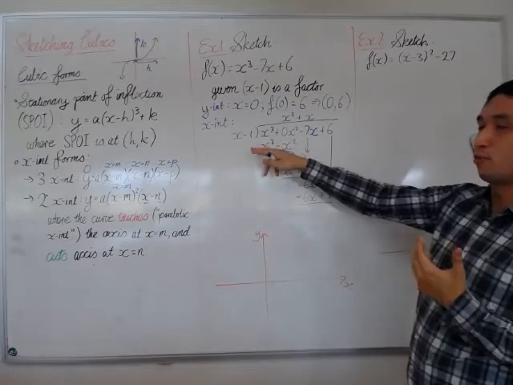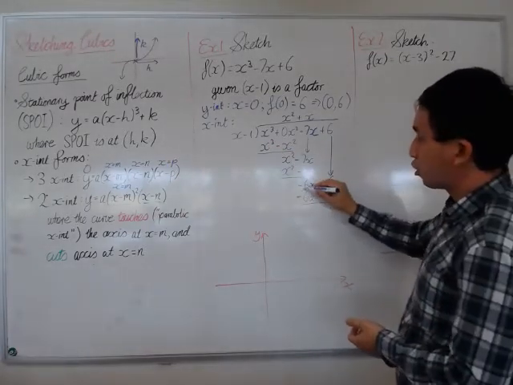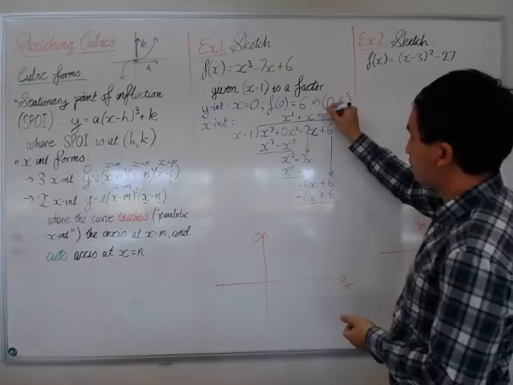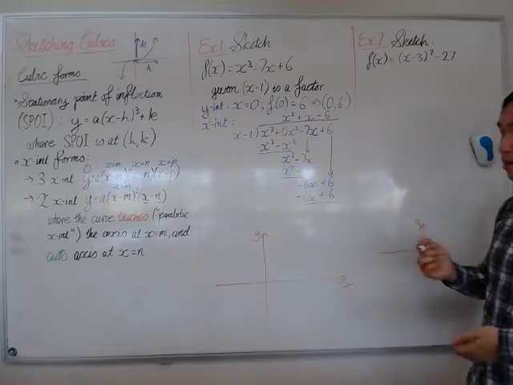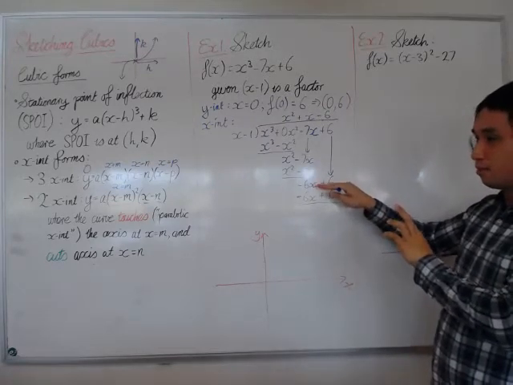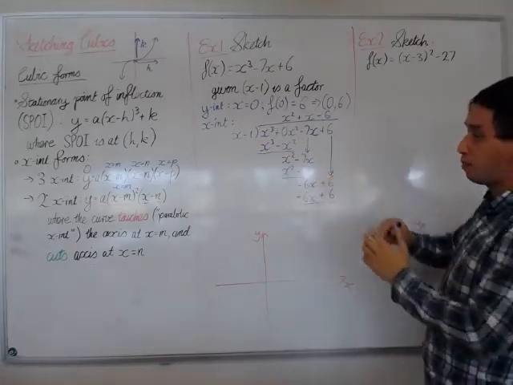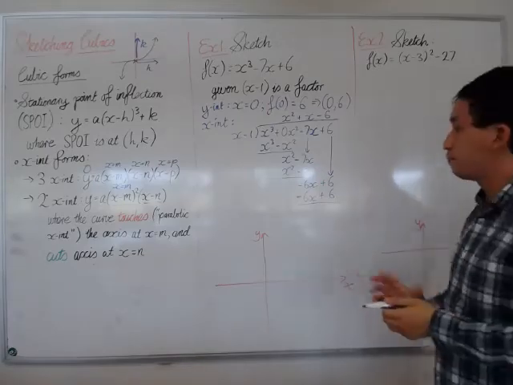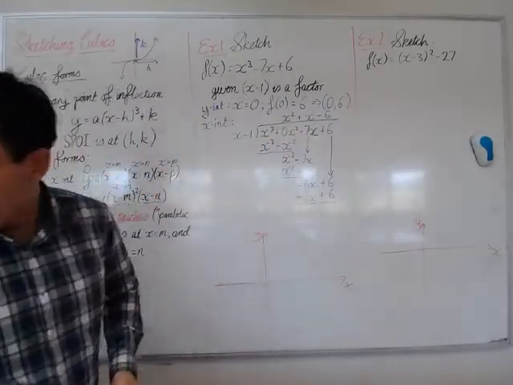If x minus 1 really is a factor, there shouldn't be any remainder. So the coefficient is negative 6 up here, because that's how many times x minus 1 goes into this part. Okay, so now that that's done, we know that's our quadratic factor.